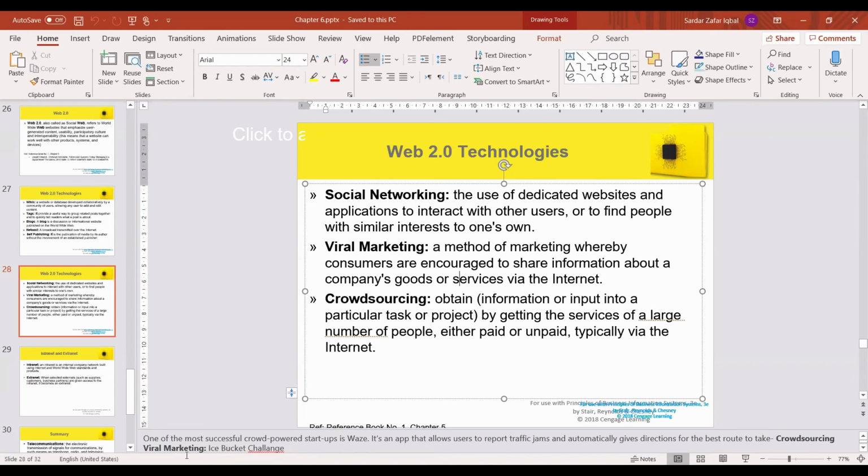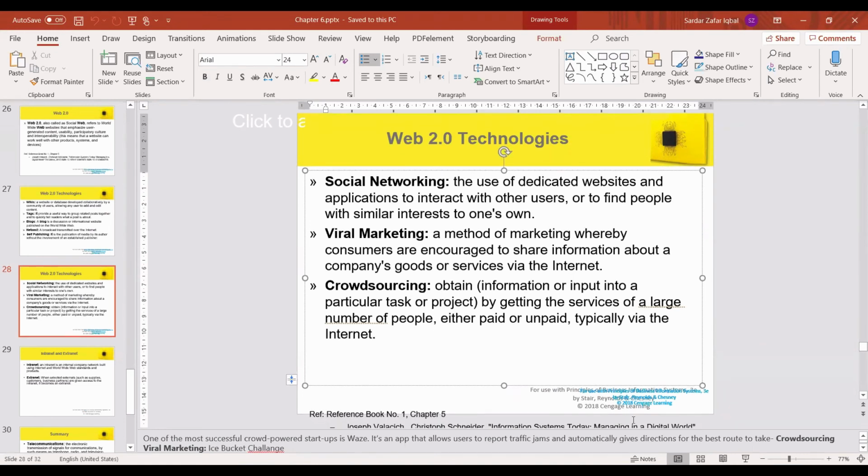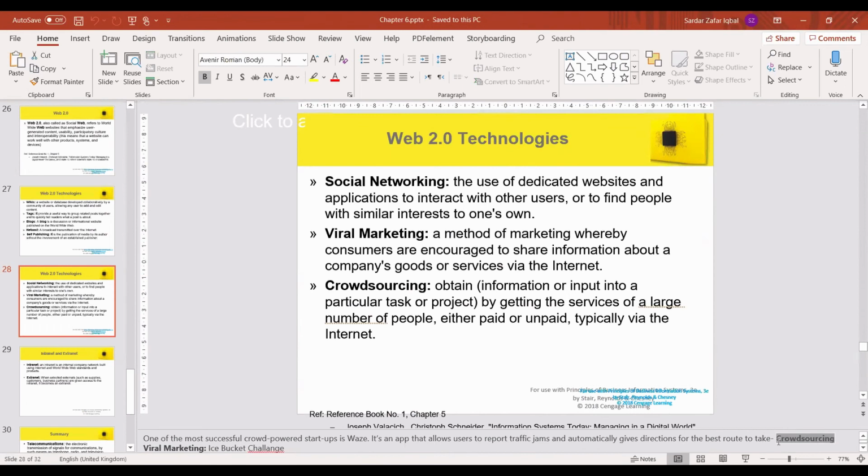There's one example written here. One of the most successful crowd-powered startups is Waze. Waze is an app that allows users to report traffic jams and automatically gives direction for the best route to take. Crowdsourcing. So this is called crowdsourcing. You know, the traffic jams.